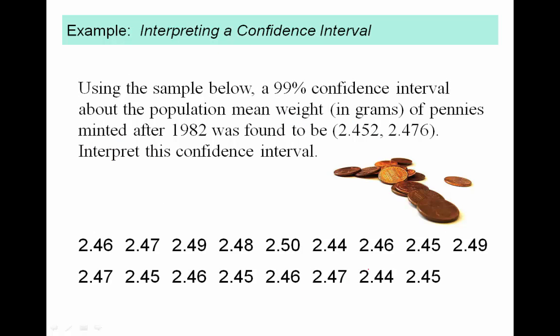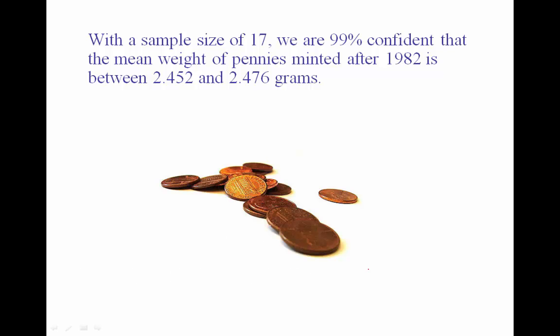Using the sample below, a 99% confidence interval about the population mean weight in grams of pennies minted after 1982 was found to be 2.452 to 2.476 grams. Interpret this confidence interval. With a sample size of 17, we are 99% confident that the mean weight of pennies minted after 1982 is between 2.452 and 2.476 grams.